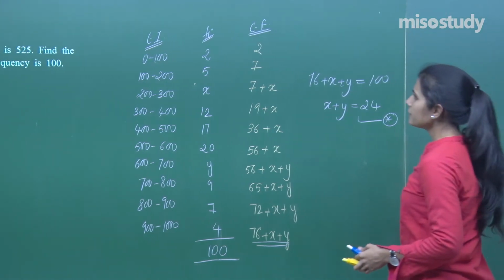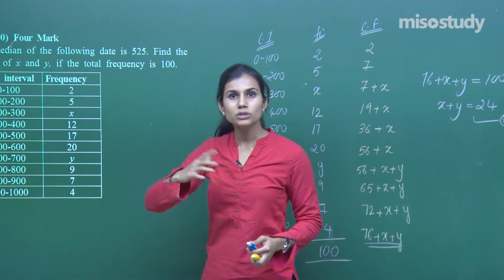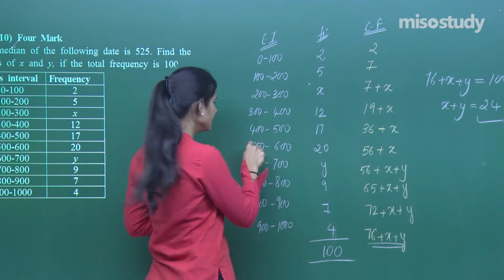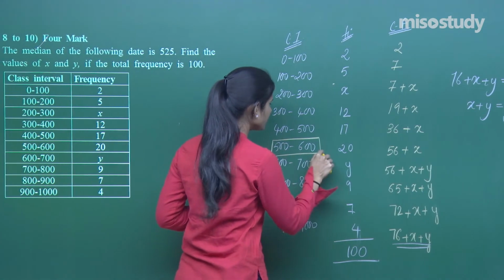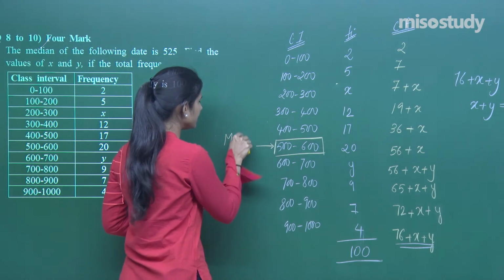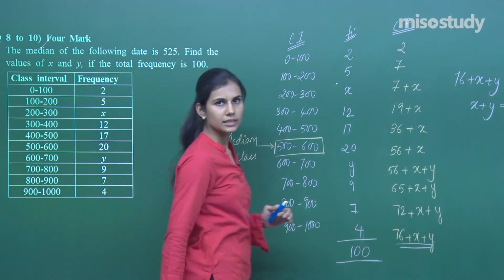Now, it is already giving you the median. If the median is given to you as 525, the median belongs to the median class, right? What is that class interval which contains this median? This is that class interval. 525 belongs to this class interval. It is this class interval which is the median class, because median belongs in the median class.